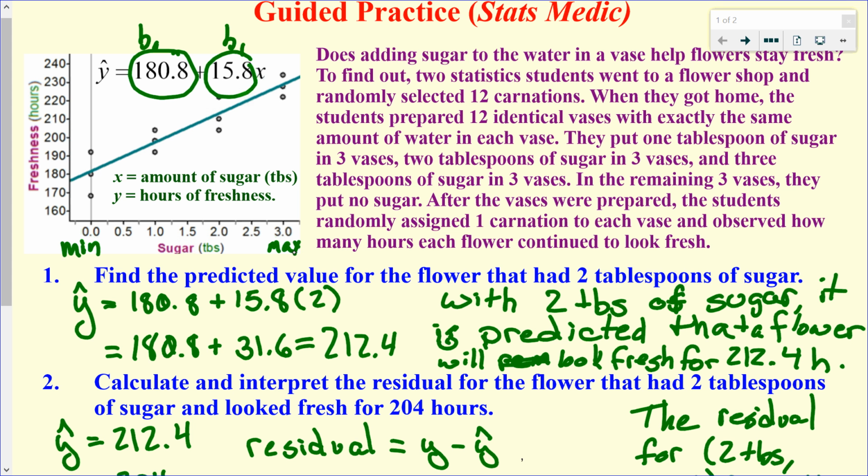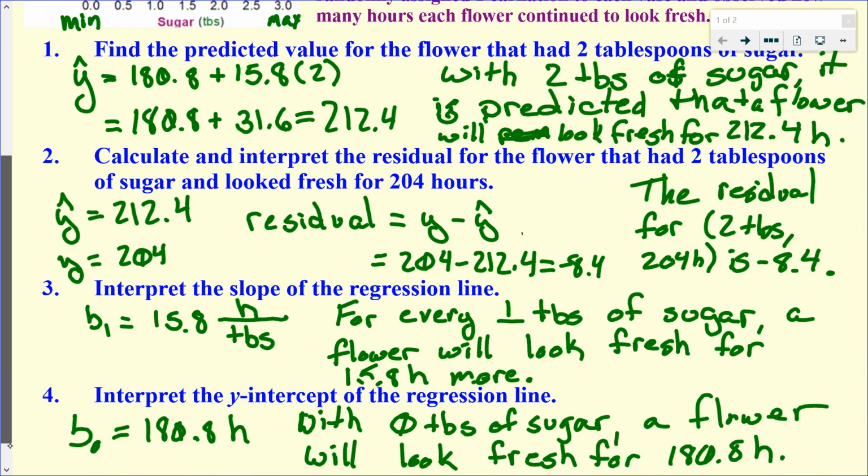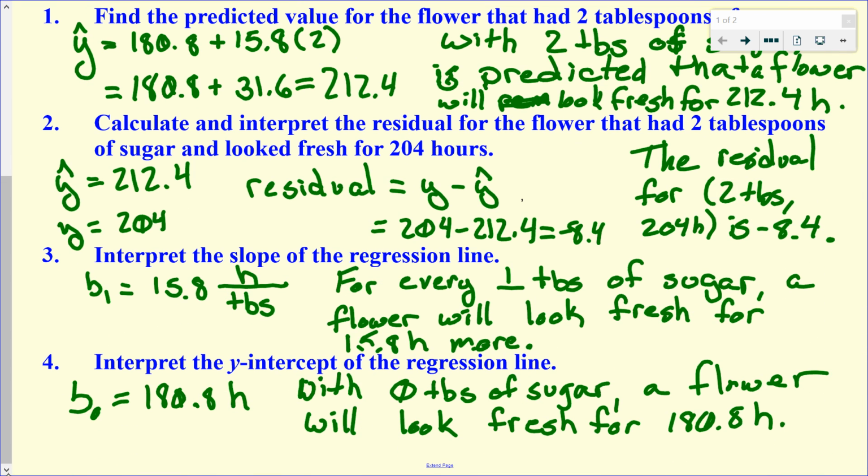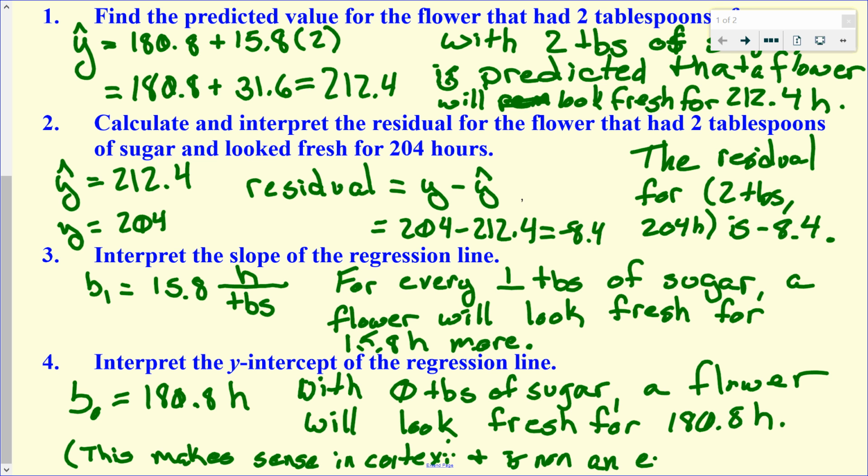So 0 is within the range. It is inside the min, so the value does make sense. And it is significant. We are not extrapolating. So we can say this makes sense in context and is not an extrapolation.